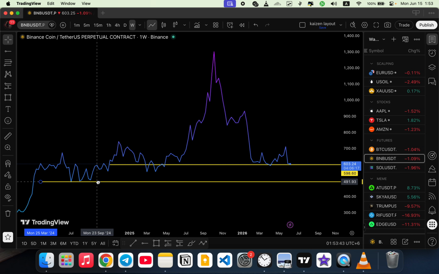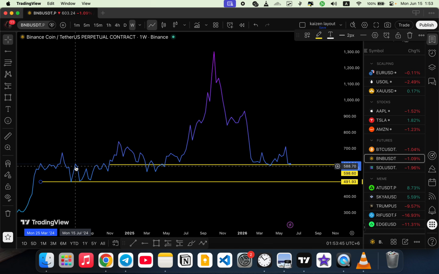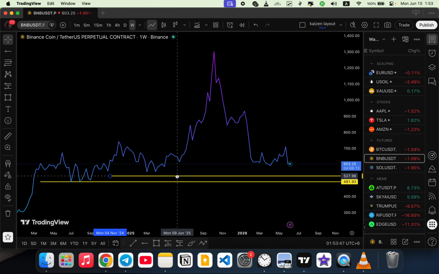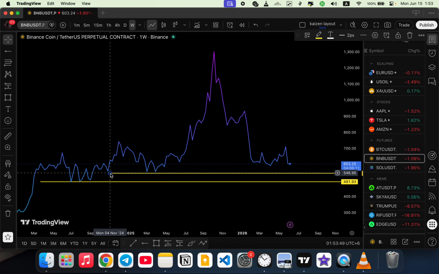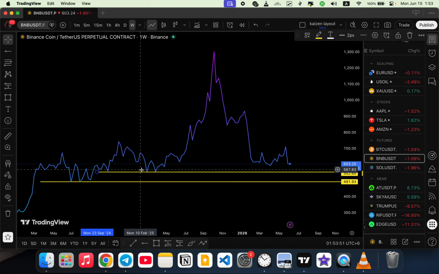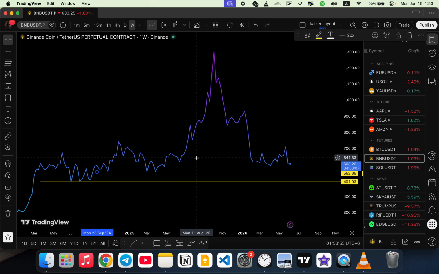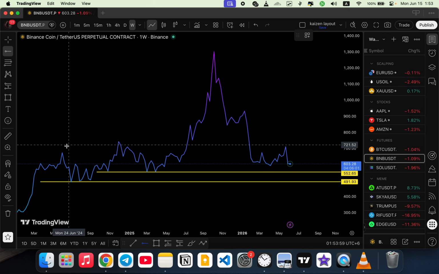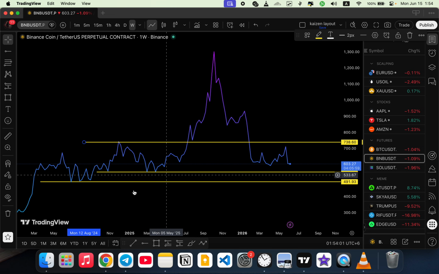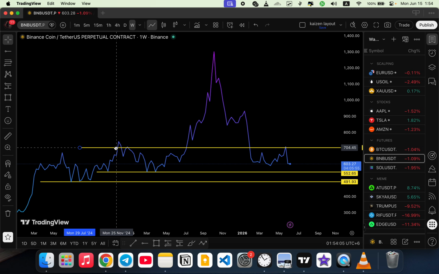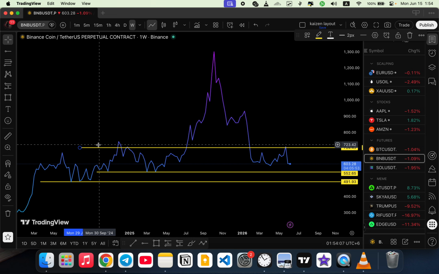You just have to turn your line from this. Again you have two touches here, and we see there is also a third touch. You just have to connect as many touch points as you can. This is how you can create a great reaction zone, which is called resistance. And here I have one touch, and if I put it down, I have a third touch.